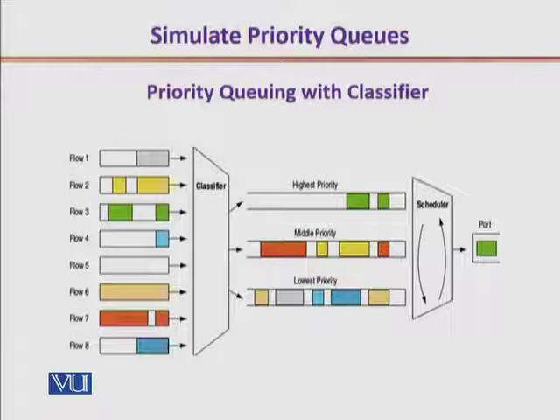The classifier takes these flows, aggregates or groups them into these 3 queues, and assigns them to each of these queues. Then the scheduler takes the packets from the highest priority queue, and when it is done, it moves on to the lower priority queues.